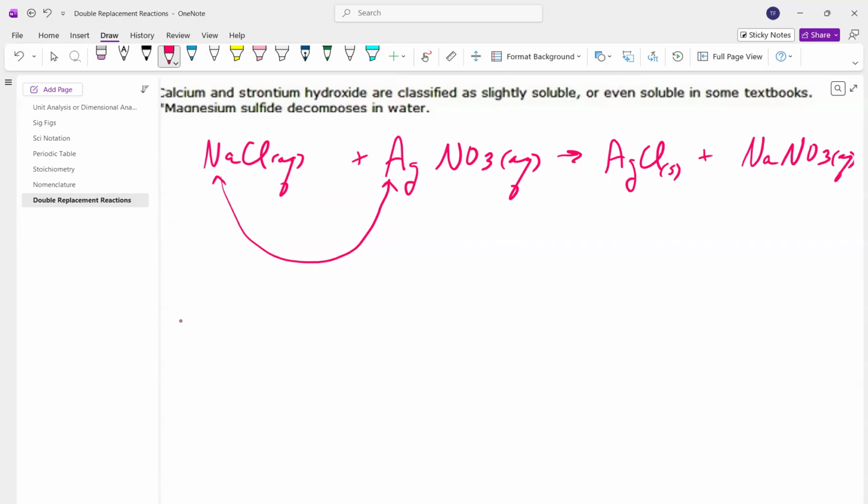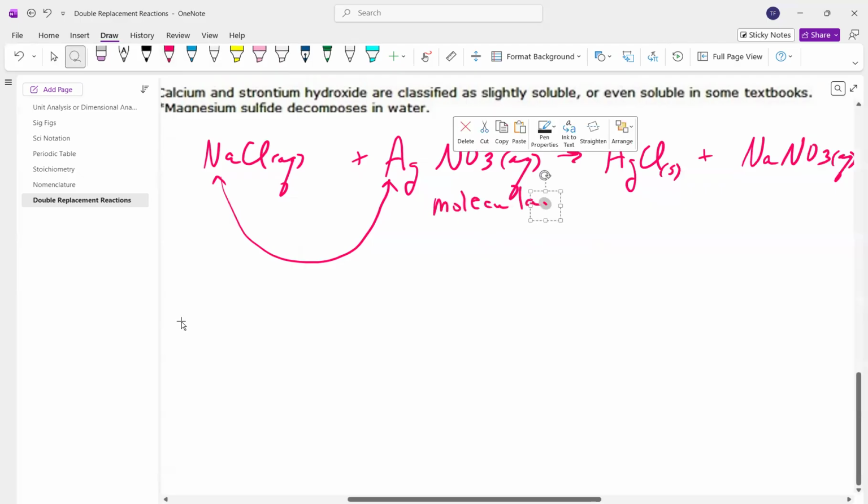Okay, and make sure it's balanced. And I purposely chose ones that don't need to balance because they're all plus ones and minus ones. So it's already balanced. But you need to check that though, just to make sure. Okay, so this is called the molecular equation.